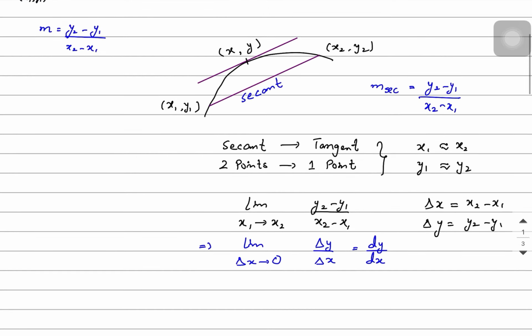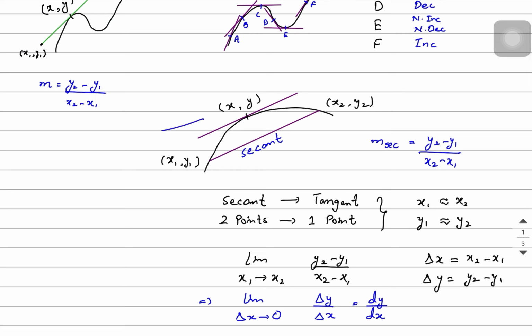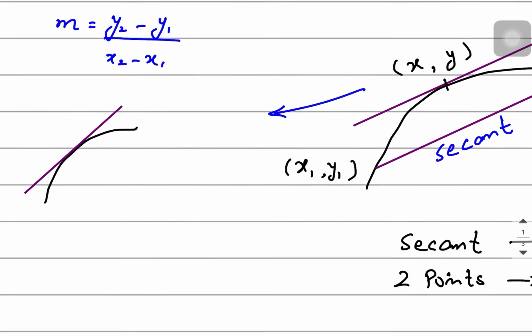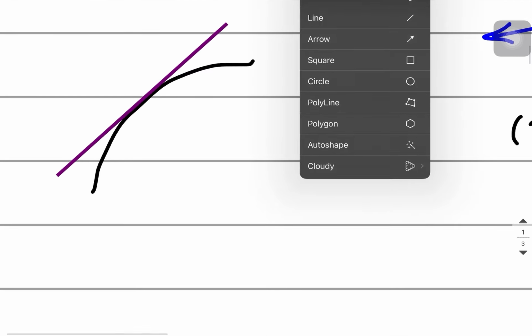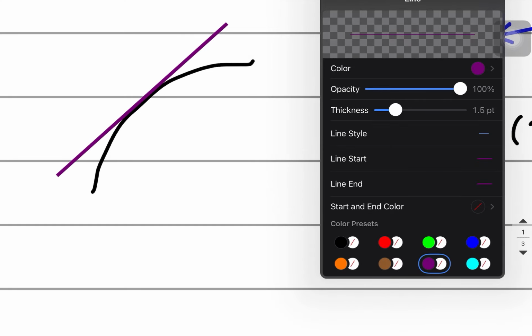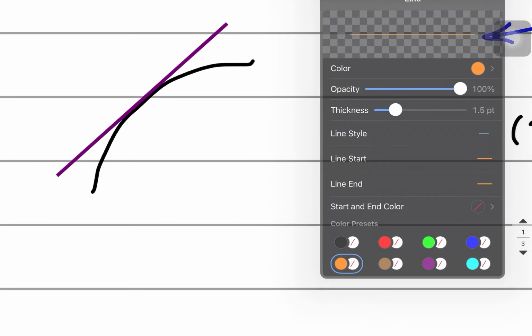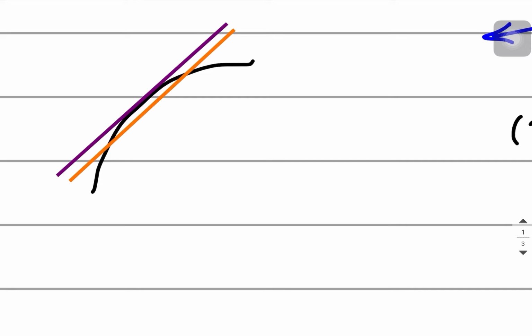Okay, so actually, if I zoom this, we have a curve, and this was supposed to be my tangent line. What I did, if I zoom it, I will draw another line which is very near to it, and you can see that this point was xy.